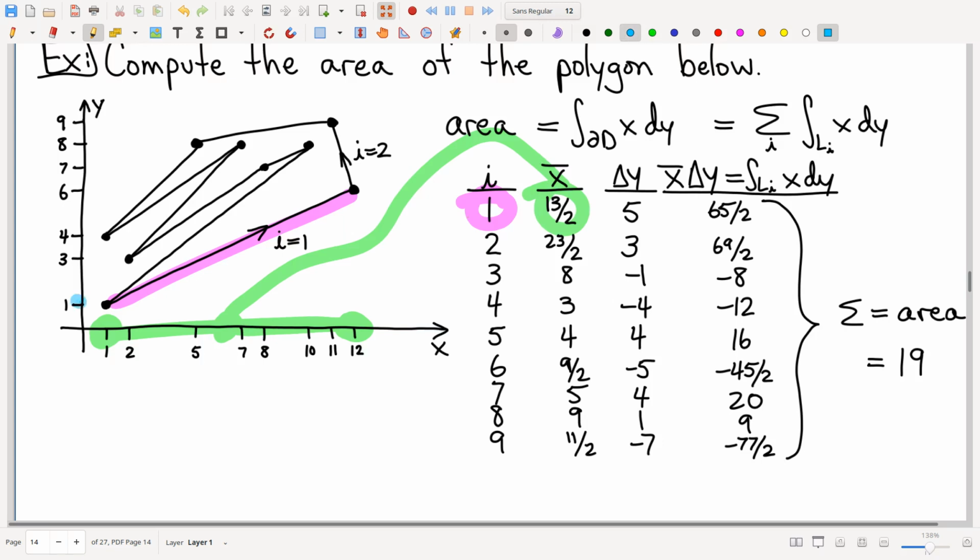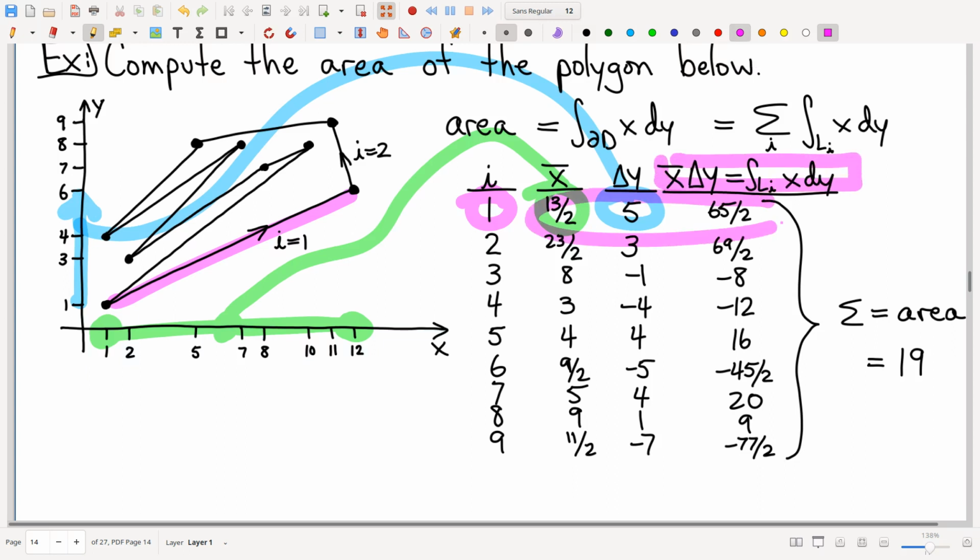Well, y started at 1 and ended at 6, so the change in y is 5. Therefore, the line integral on that edge with that formula is 13 halves times 5, which is 65 halves. Repeat for the other 8 edges. Super easy arithmetic. Add them up. There's your answer, 19. Turns out to be nice and easy when you add it all together.